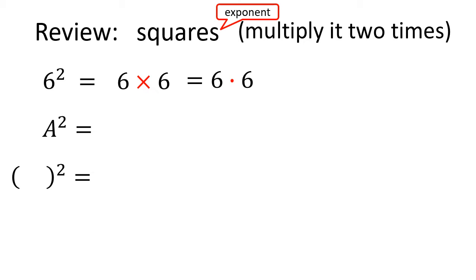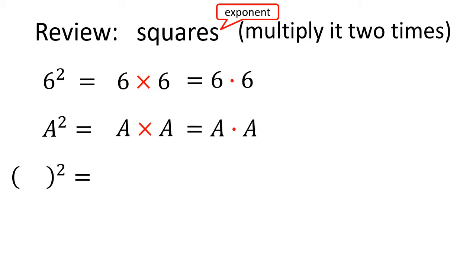The next example is a squared. This means multiplying a 2 times. So a squared is equal to a times a. Again, we can use a dot instead of a multiplication sign. It can be expressed as a dot a. In math, if we are dealing with variables, we can also eliminate a multiplication sign.